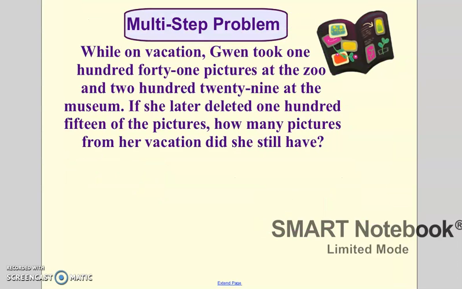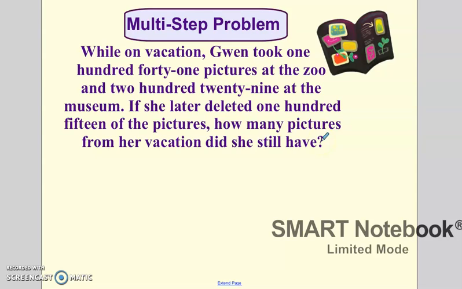Okay, my friends. Our next multi-step problem says, while on vacation, Gwen took 141 pictures at the zoo and 229 at the museum. If she later deleted 115 pictures, how many pictures from her vacation did she still have?